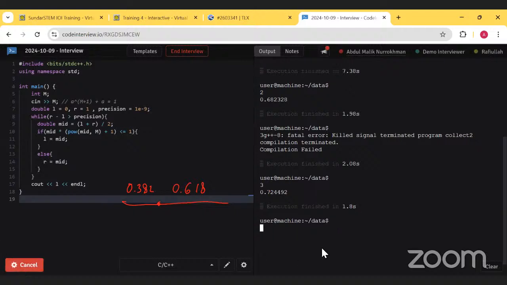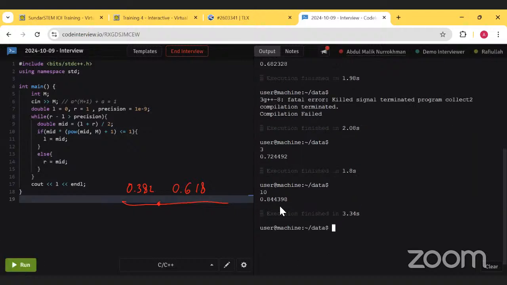If m is equal to 10, then the greater value of m, the value of a is greater. So we got smaller here, but because the delay is higher, then the redundant query is so big.